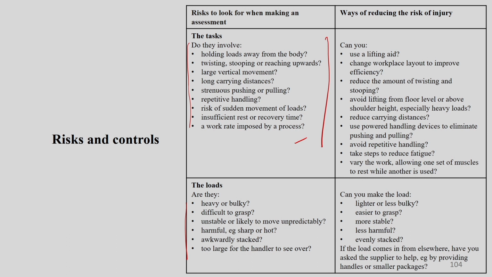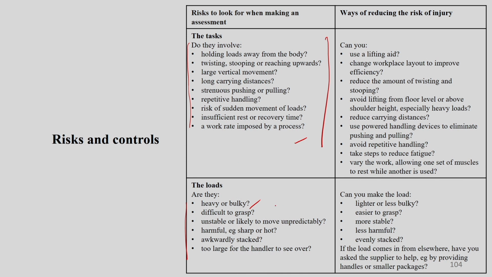So maybe it is only heavy or bulky. How can you reduce the size or the weight? If you reduce the weight, then again you have to see what the manpower cost is, and how you can handle the situation without compromising productivity.